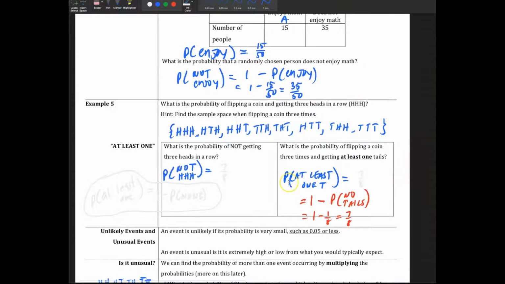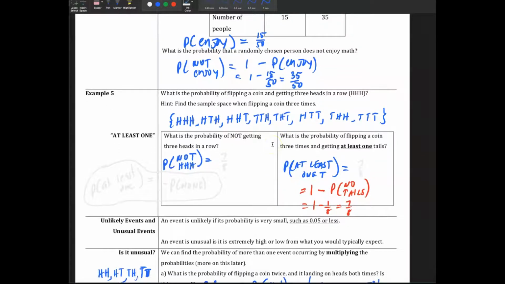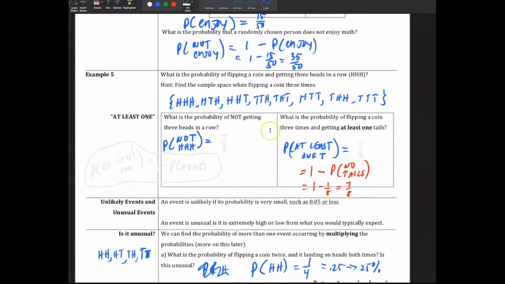Looking at the probability of flipping a coin and getting 3 heads in a row, this is the sample space here. If you flip a coin, you can then answer these questions based off of this. Take a look at all the possible outcomes of flipping, and order does matter in this case.